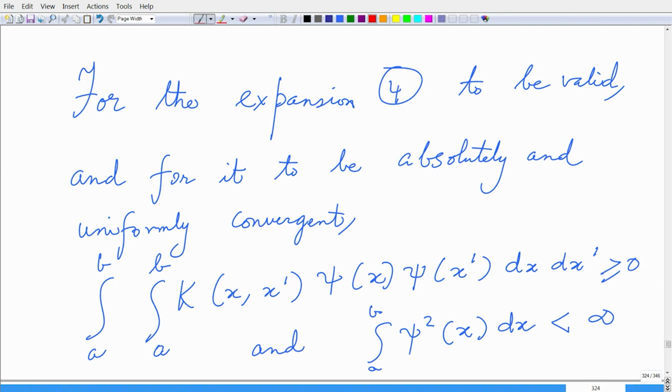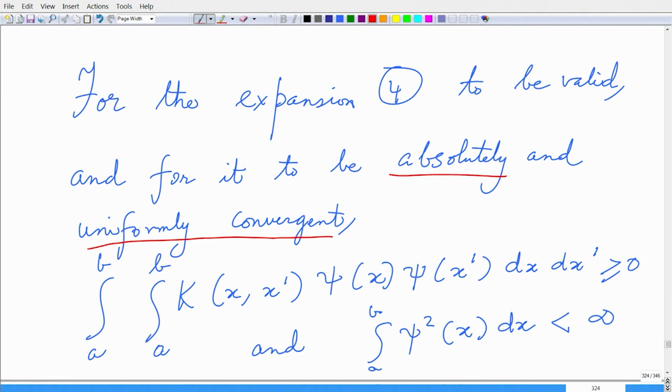From an analysis perspective, for this summation to be absolutely and uniformly convergent, this double integral from a to b over the kernel times psi x times psi x prime has to be greater than or equal to 0, and this integral from a to b of psi square of x dx has to be finite.